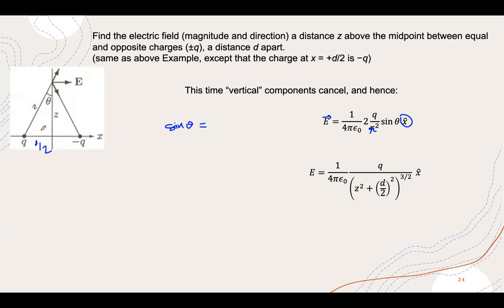And you know that sine theta is given as perpendicular divided by R. So this could be D over 2 divided by R. And hence, you see that the moment we substitute the sine theta and the value of R by using the Pythagoras theorem, you're going to get Z square plus D over 2 whole square, 3 over 2. And this 2 is going to be cancelled. So now this is cancelled by this term, okay.